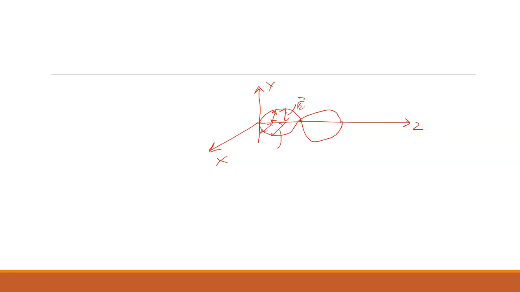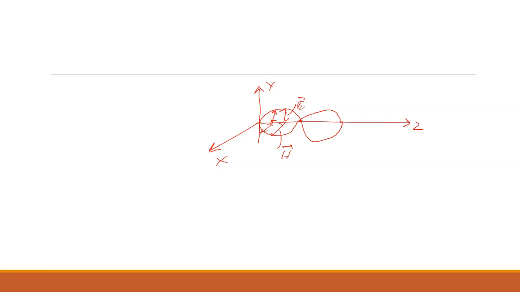Now, what is a uniform plane wave? Basically it is a wave. Suppose this is the z direction, this is the y direction, and this is the x direction, with the E component and the H component, the magnetic field component.